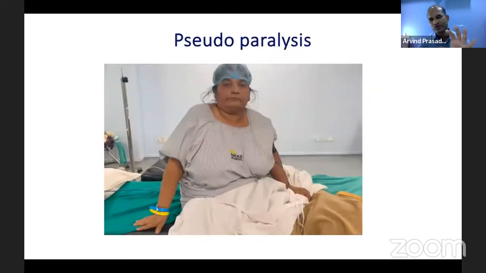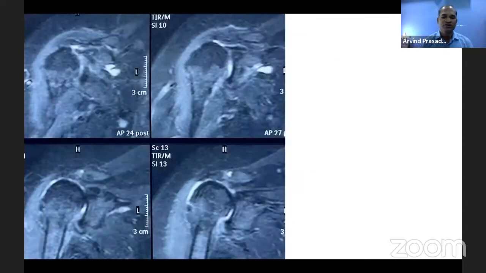There was no neurological injury. There was hardly any active range of motion, but passive range of motion was full. And this was the MRI of this lady. There is a complete massive tear of the rotator cuff, and the humeral head was migrated up. Here you can see also.